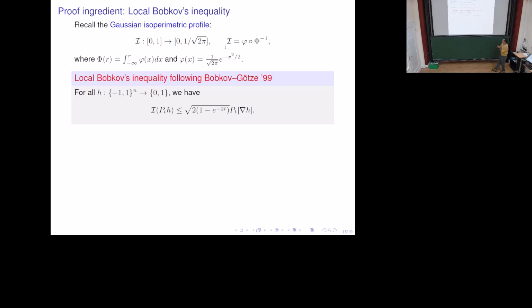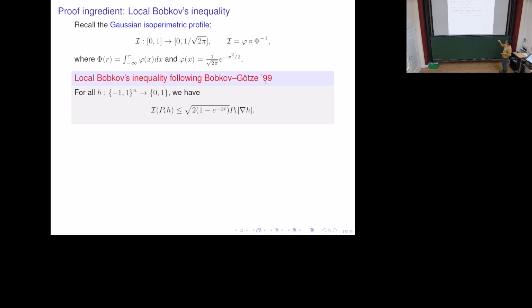Then this local Bobkov inequality can be derived from Bobkov and Ledoux, as we learned from previous works, whose proof inspired the p-biased cubes using some Ricci representation theorems and so on. This theorem of Bobkov and Ledoux is very general. It works for arbitrary probability spaces, arbitrary probability measures.